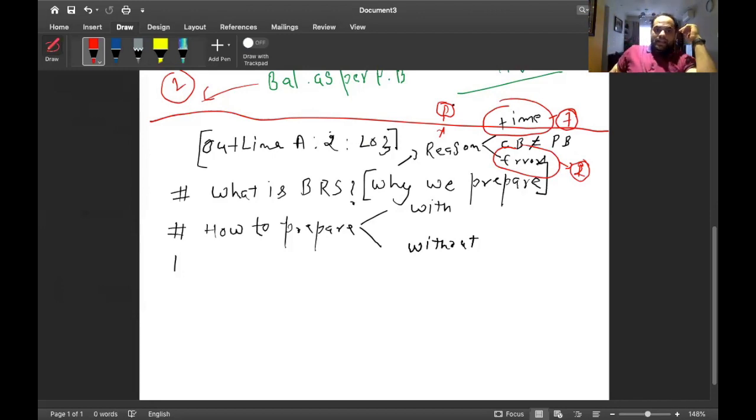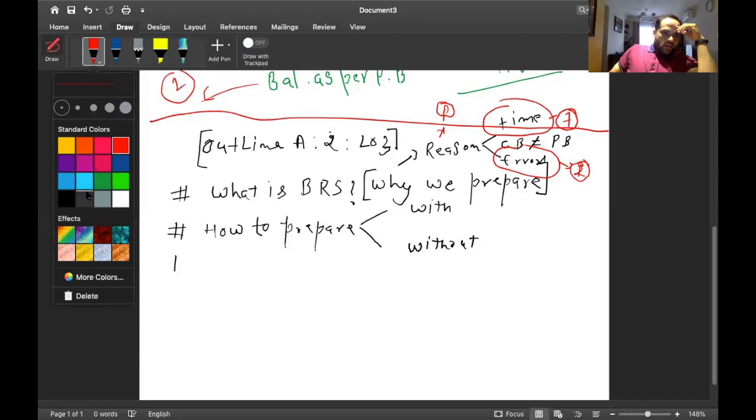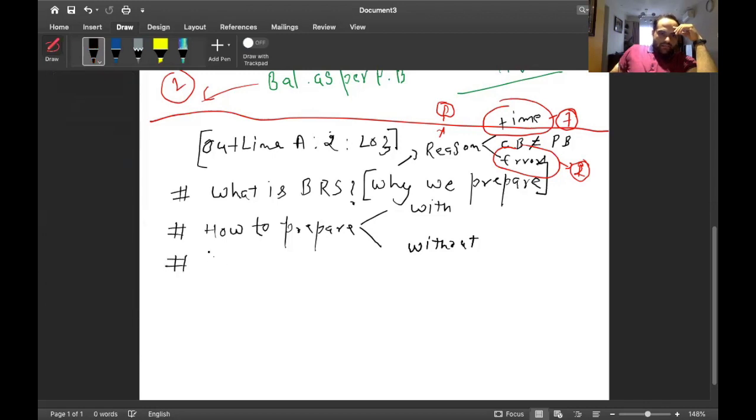And here, how to prepare with and without. What's the difference between with and without? You can explain here. Then next, you will move on to your scenario, right? Your assignment scenario. In your assignment scenario, of course, you have 3 situations, right?